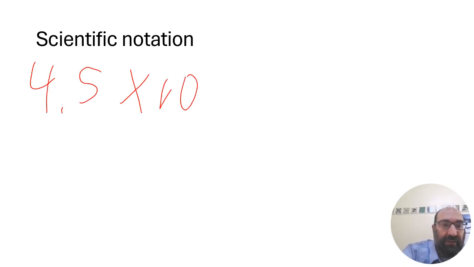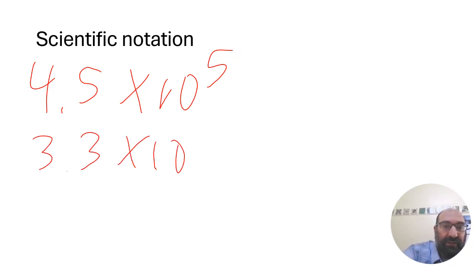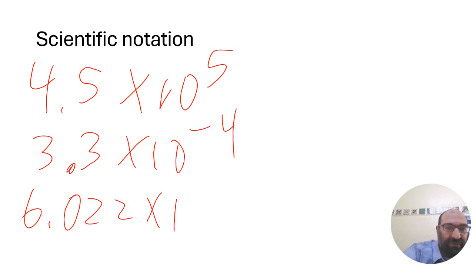I'll give you three of them: 4.5 times 10 to the 5th, 3.3 times 10 to the negative 4th, and 6.022 times 10 to the 10th. I'm not doing 23rd on that; that's just too many numbers. Pause the video, try to solve these three, and then we're going to do it together.